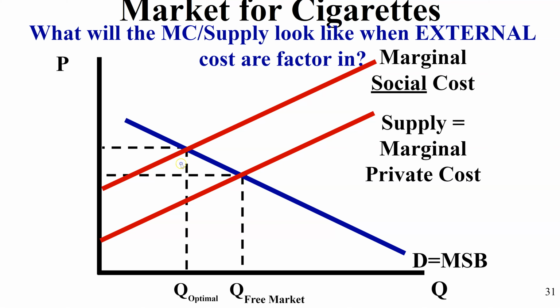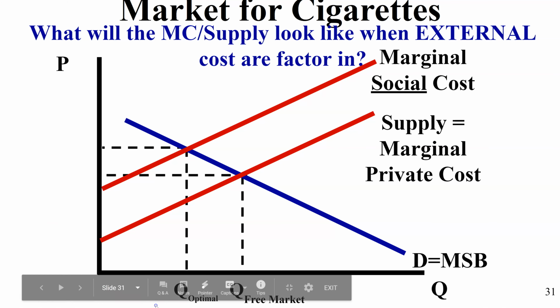The tax is essentially the gap between these two, to address the social cost and reduce the quantity. The higher price discourages some consumers, not all, from buying the product, and helps with the smaller quantity at the optimal point where marginal social cost equals marginal social benefit.